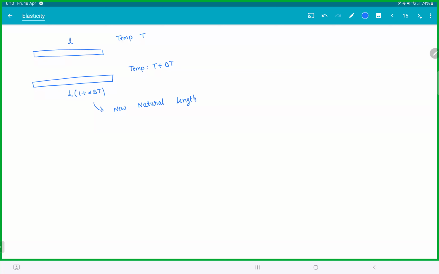You're getting it? Whereas in the strain, when you write this delta L by L, this delta has a completely different meaning. This is the change in length due to external forces. Someone is forcibly making the length change.